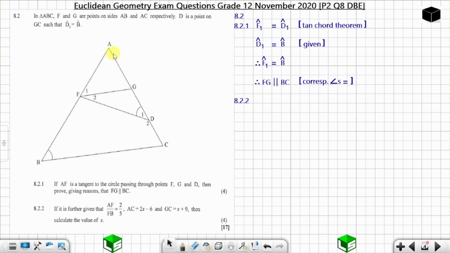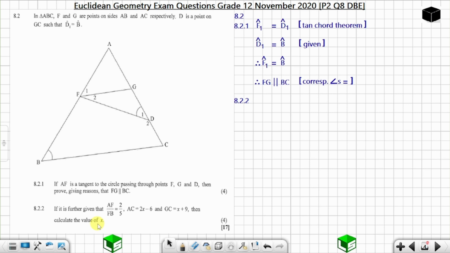Since you have a line parallel to one side of a triangle, you can use the triangle proportionality theorem, and from there you are going to solve for x.